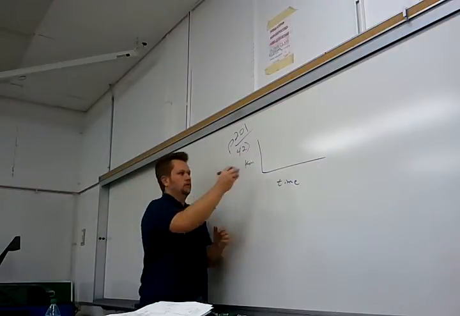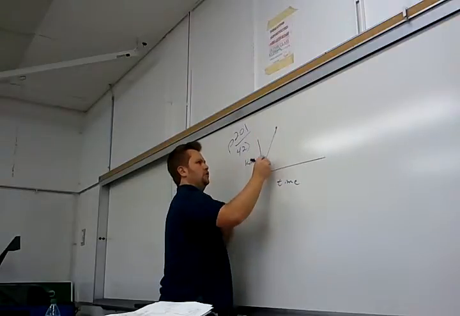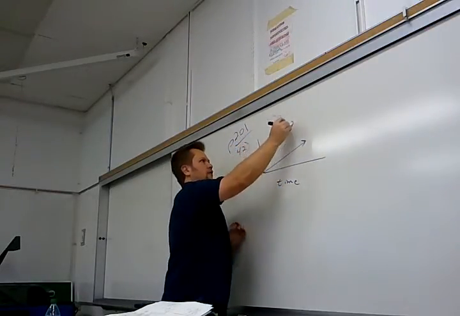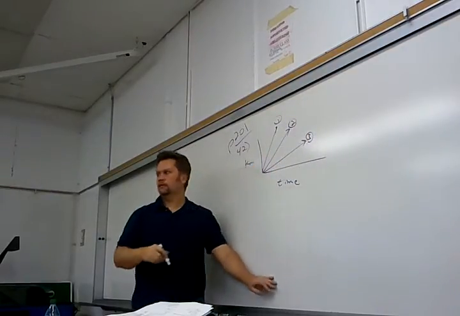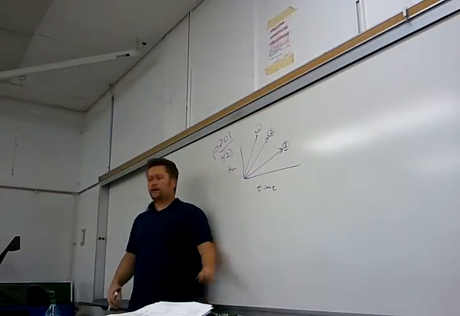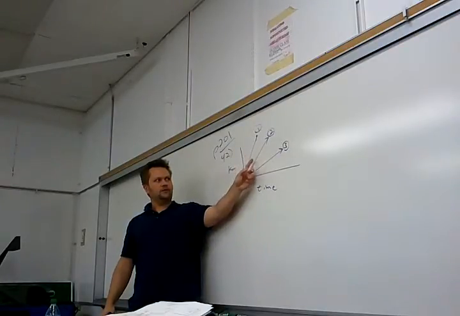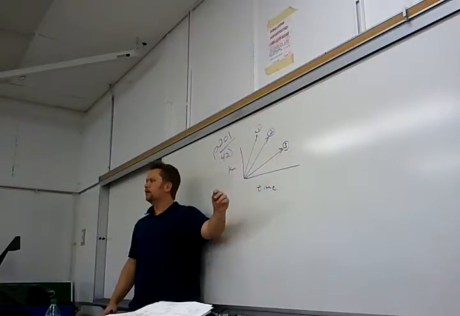Longer, right? So which one of these should be the one with wind? 1, 2, or 3? 3. Good, because here in number 1, in a little bit of time he's gone this far, whereas here he's only gone that far, and here he's only gone that far.